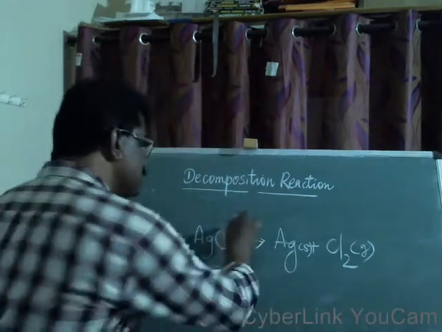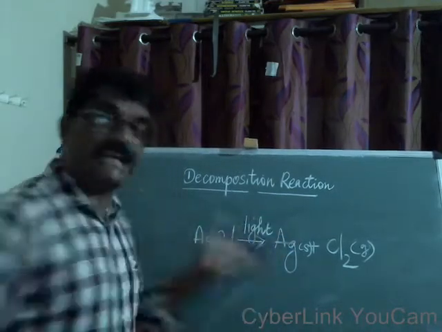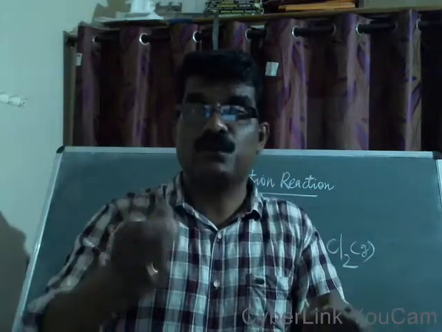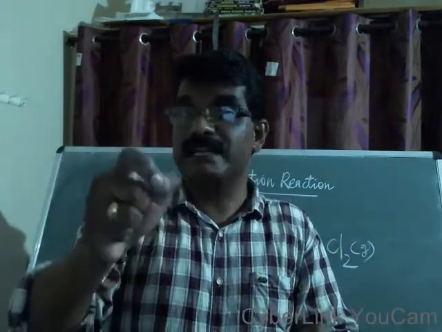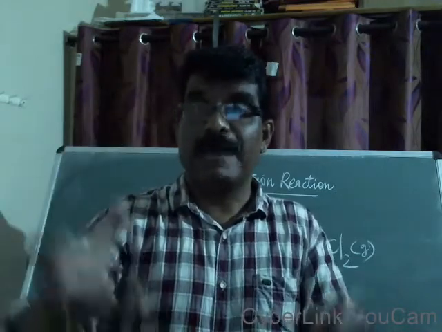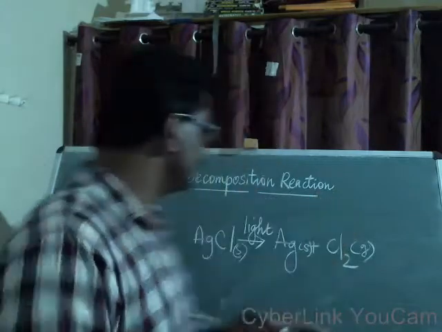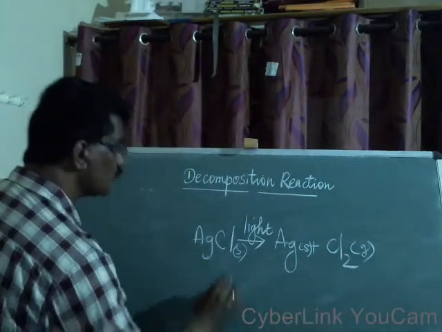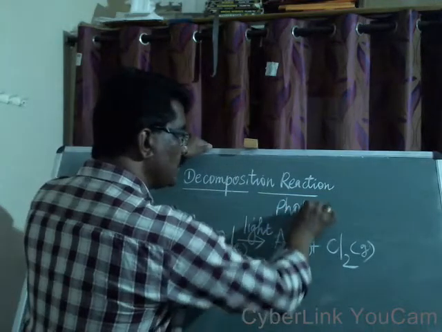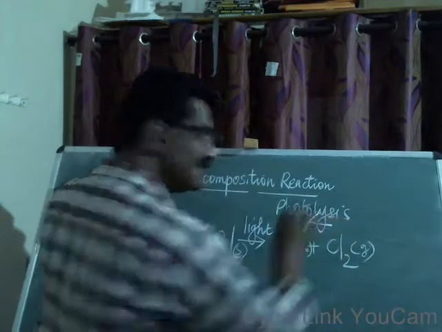See, this decomposition reaction took place in presence of light. This reaction took place by absorbing light. Therefore, this kind of decomposition reaction, which takes place by absorbing light, is known as photolytic decomposition, or we can say photolysis.